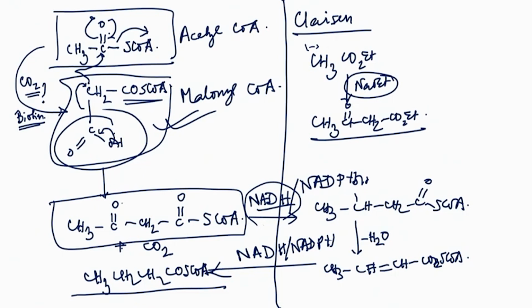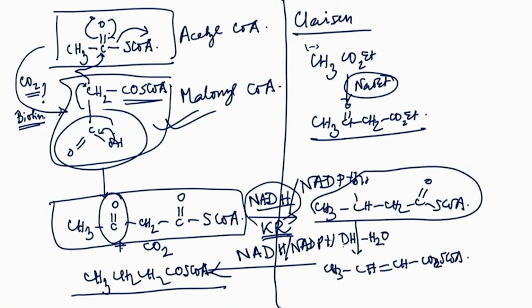What is reduced? A ketocarbonyl. The enzyme which does that is called KR, ketoreductase. The enzyme which causes dehydration is called dehydratase, DH. And the enzyme which does the reduction of the double bond is called ER, enoyl reductase.